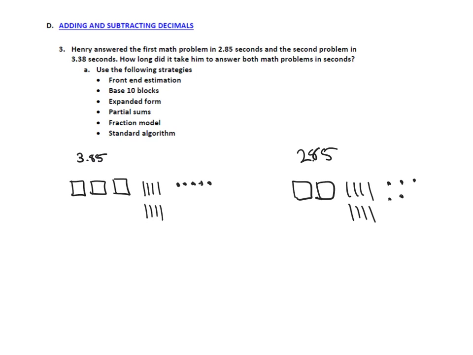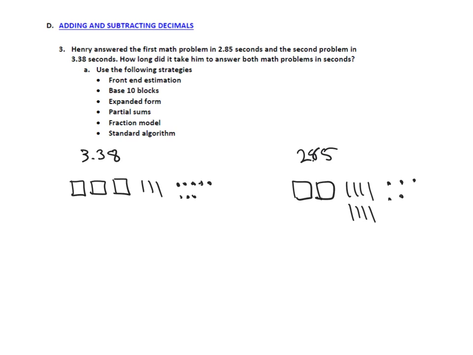And I believe I wrote that down wrong. 3 and 38 hundredths should be just 3 of these, and there's 5, 6, 7, and there's 8. So got that cleared up.